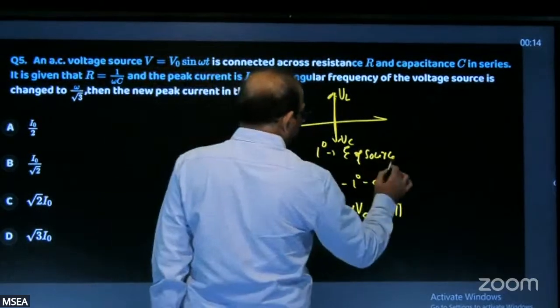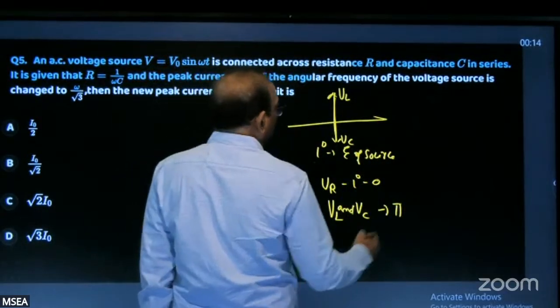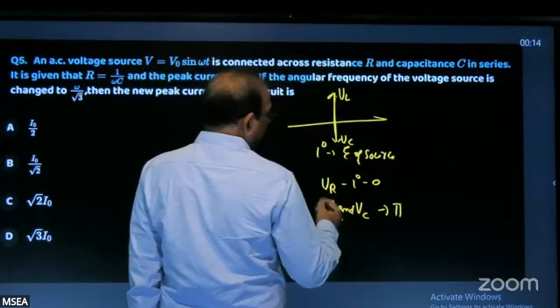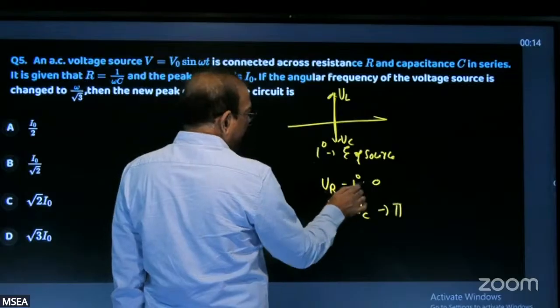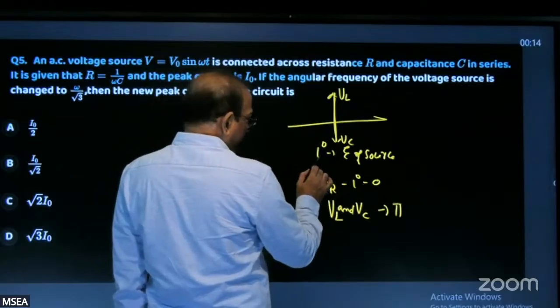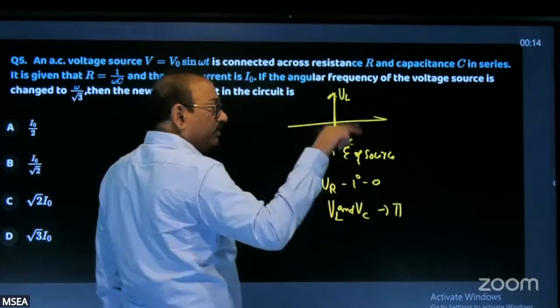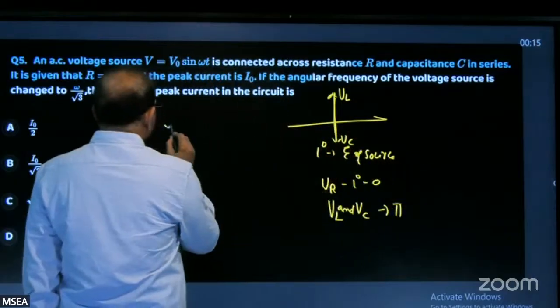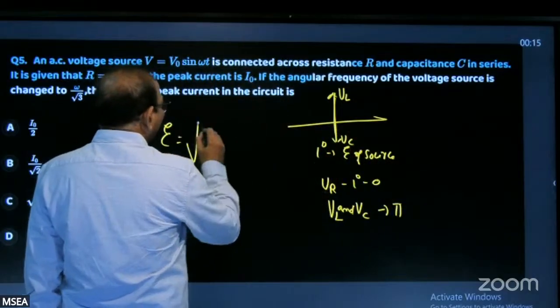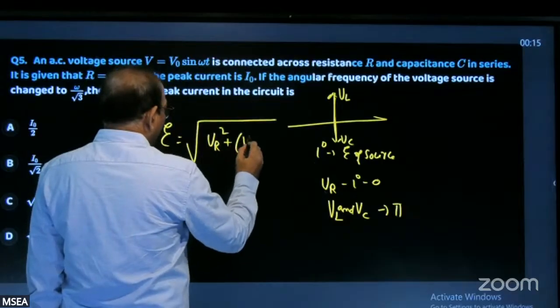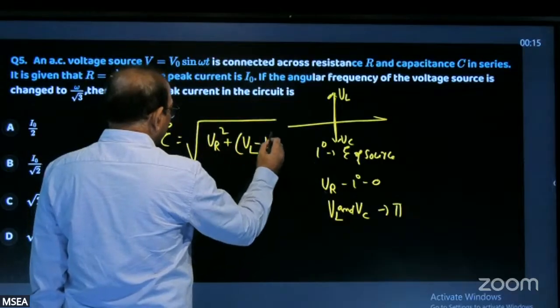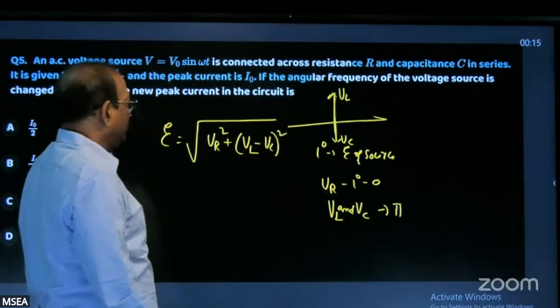VR is the voltage of the resistor. Between VR and I, the phase difference is 0. Between current and EMF of the source, what is the EMF of the source? Root VR square plus VL minus VC whole square.